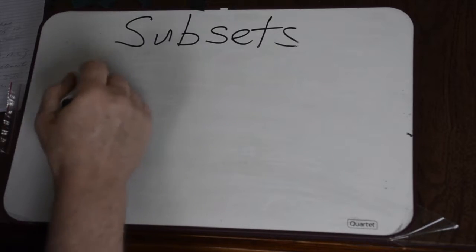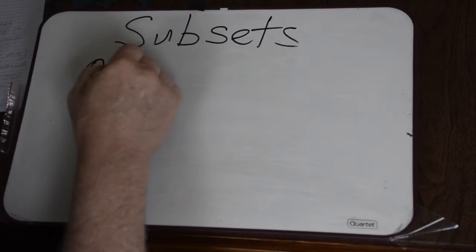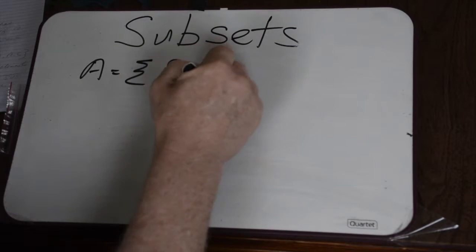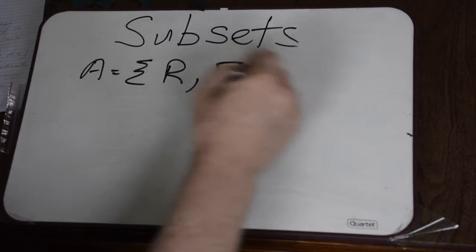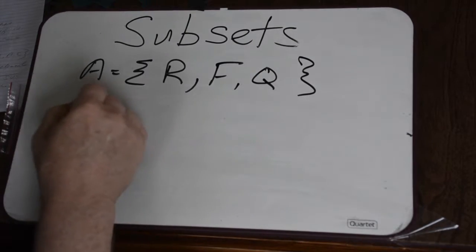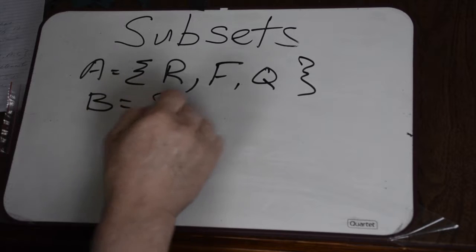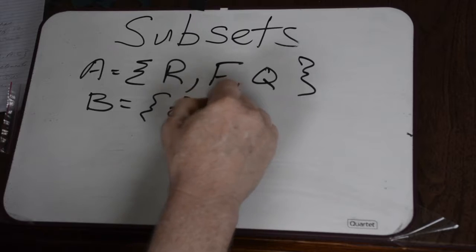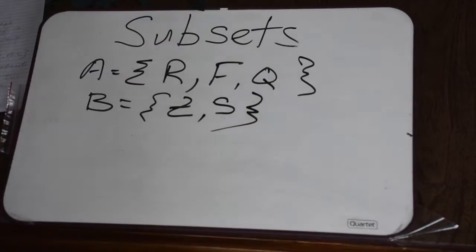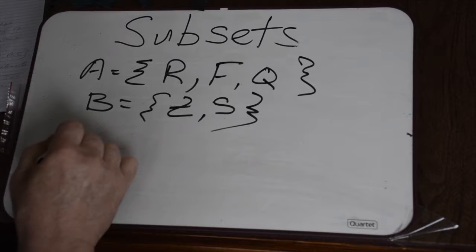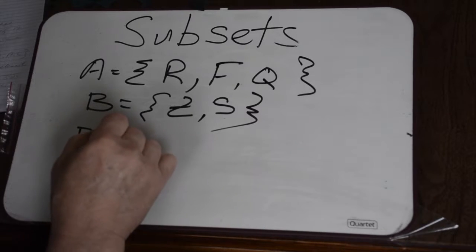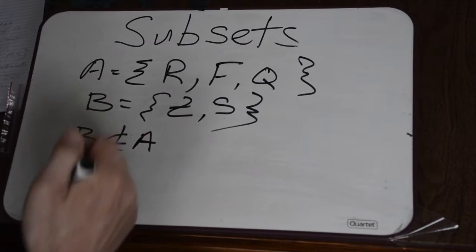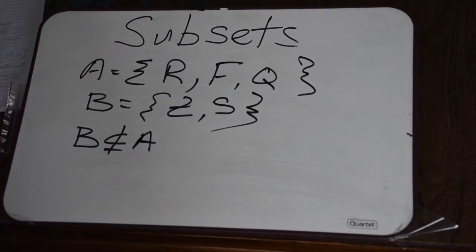If A equals R, F, and Q, and B equals Z and S, doesn't matter which letters I pick, I'll say B is not a subset of A. These elements do not come from there.